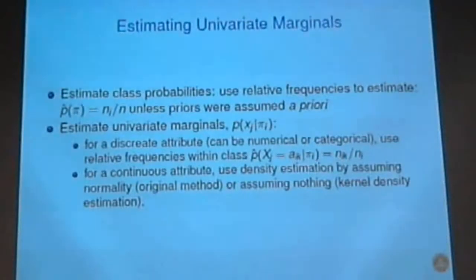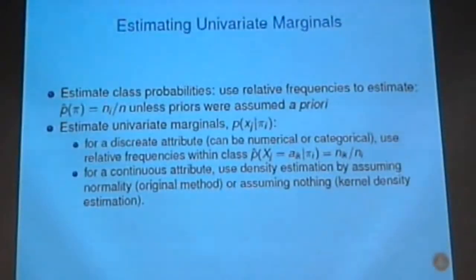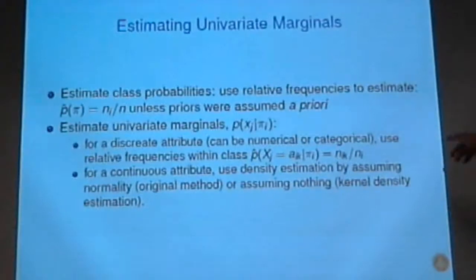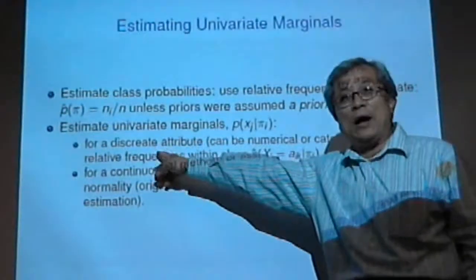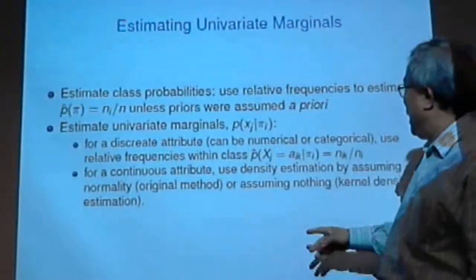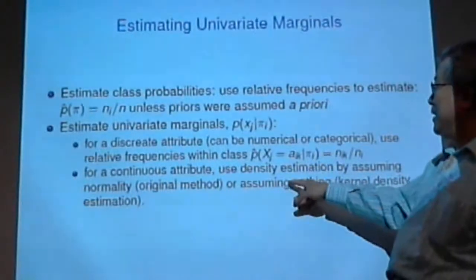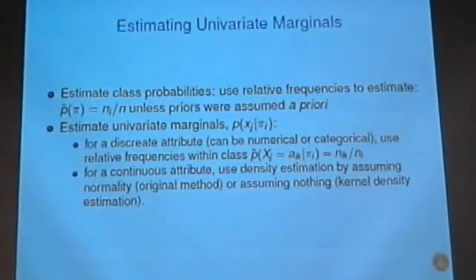So that's a very simple estimate. Of course, this is supposing you have discrete attributes to start with. Otherwise, if this is a continuous attribute, then use a density estimation. Again, you can assume normality, or you can do without that assumption and just use a regular density estimation.